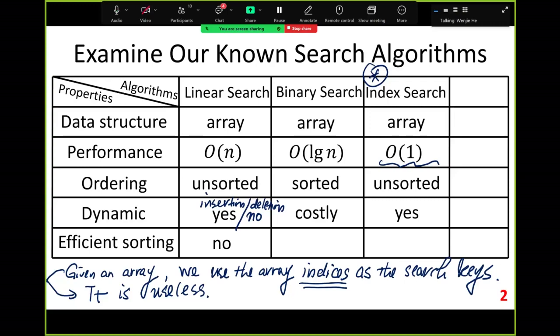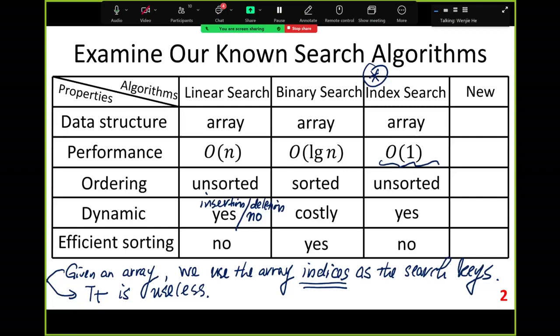You need to sort unordered data. For binary search, sorting is very cheap because your data is already ordered. You just return ordered data. But for index search, there is no order, so if you want ordered data, it is very expensive. So that's the comparison of these three search algorithms.